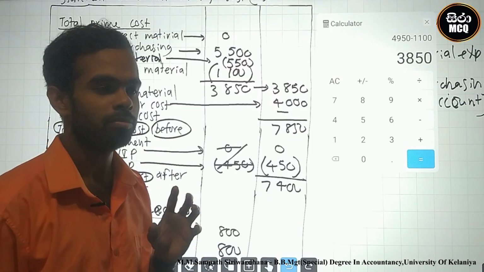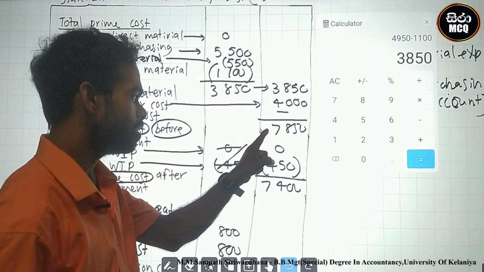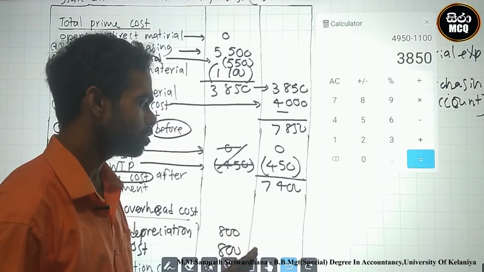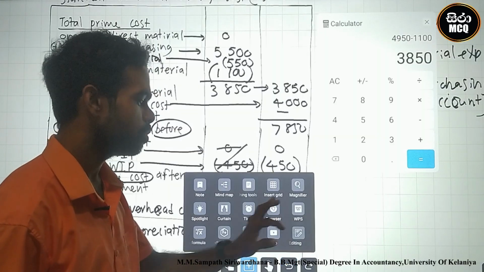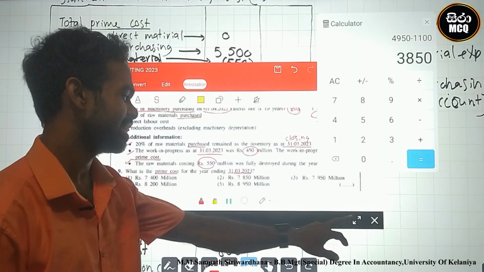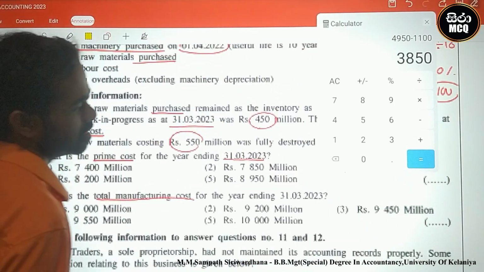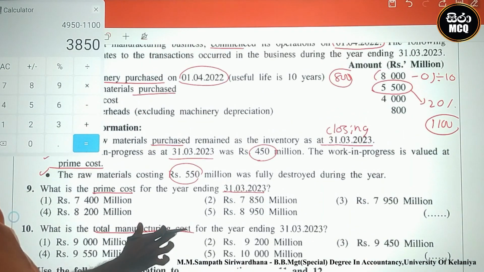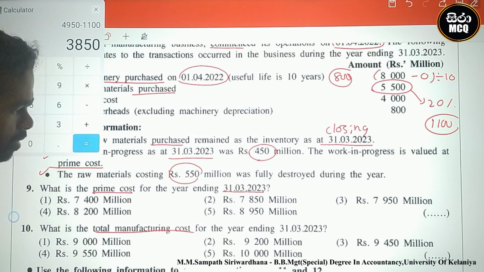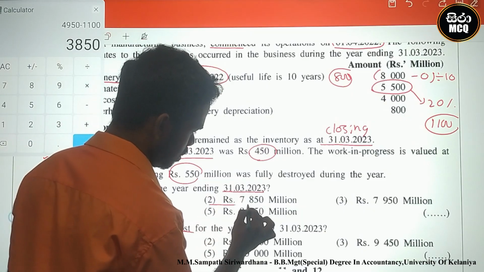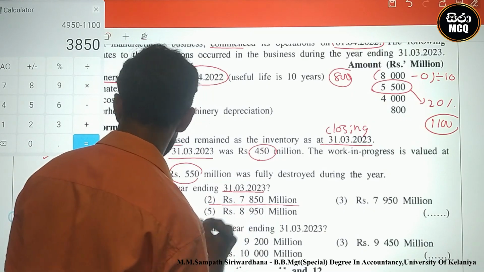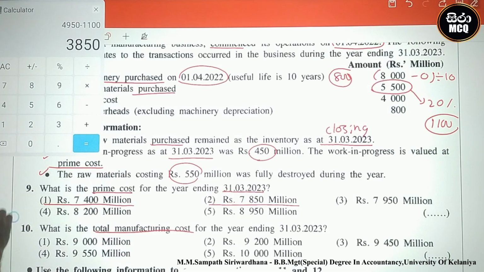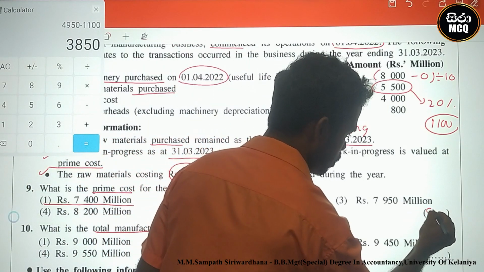On the answer sheet we can identify two answers, 7,850 and 7,400. Both are the answers for question number 9.